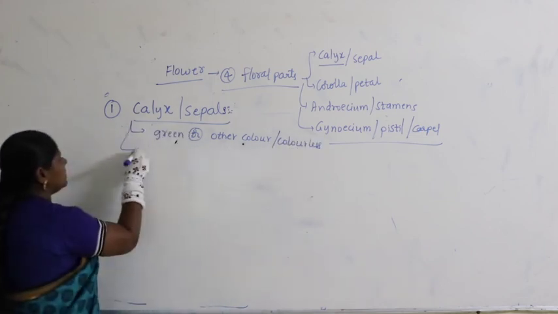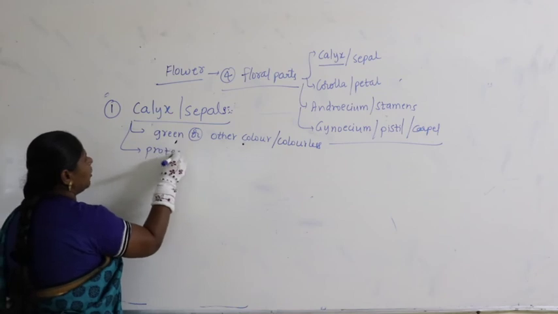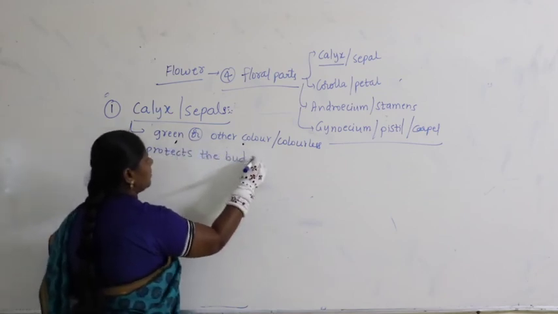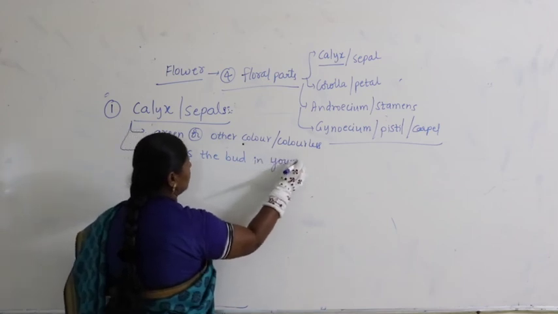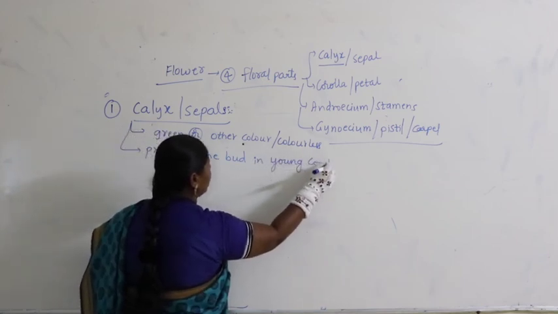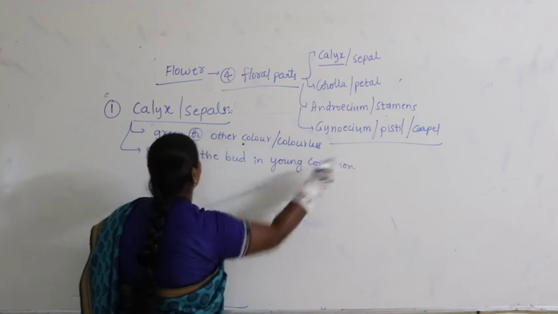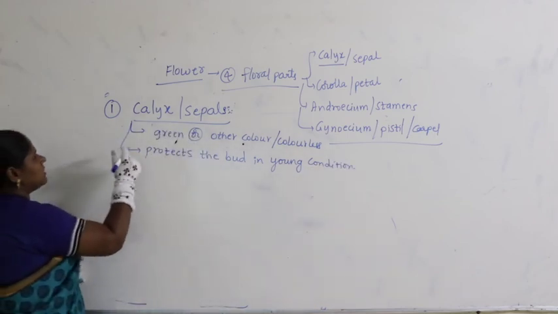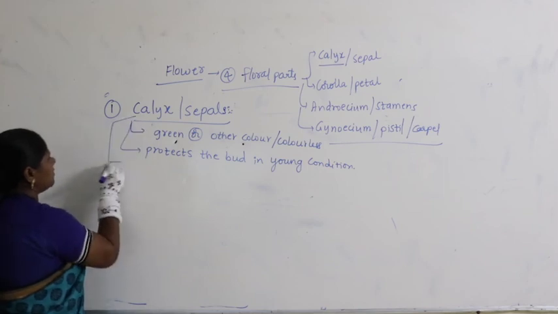Now, the function is that they protect the bud in the young condition, right. Apart from this, the calyx is further divided into 3 types.